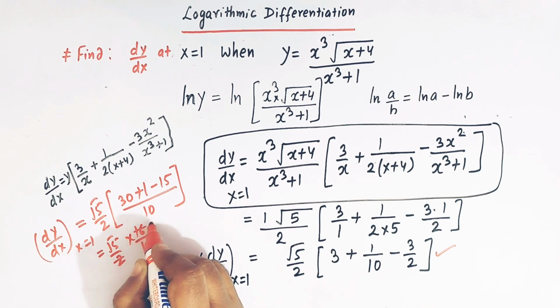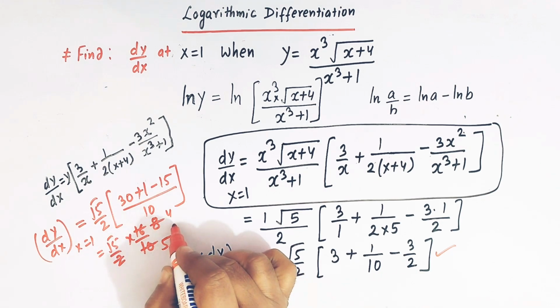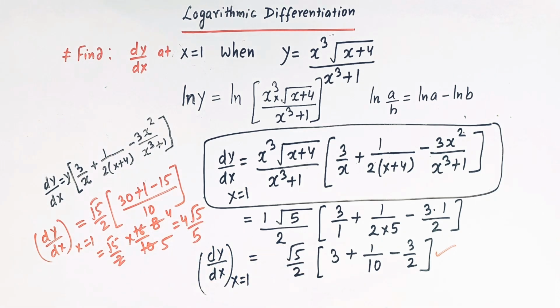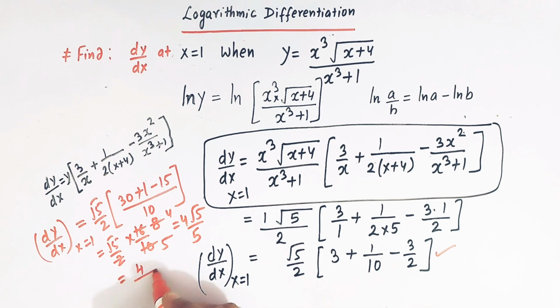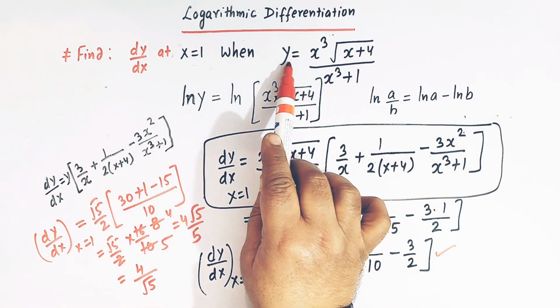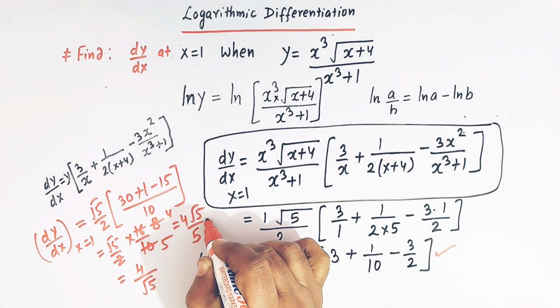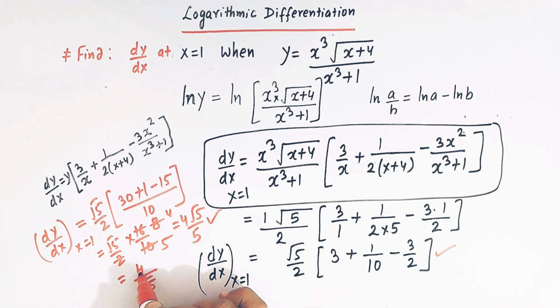So 2 eights are 16, 2 fives are 10, 2 fours are 8. So this is 4 root 5 over 5, right? And if we rationalize it, then we can get 4 over square root of 5, right? So the derivative of y with respect to x at x is equal to 1 is equal to 4 times square root of 5 over 5 or 4 over square root of 5.